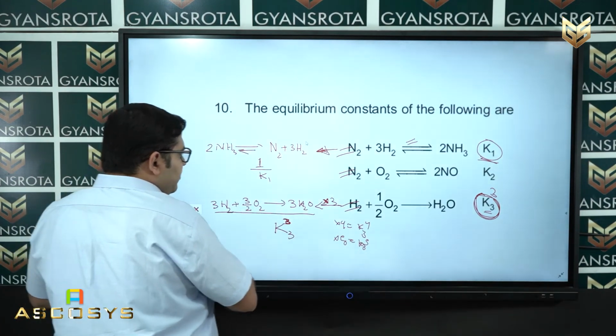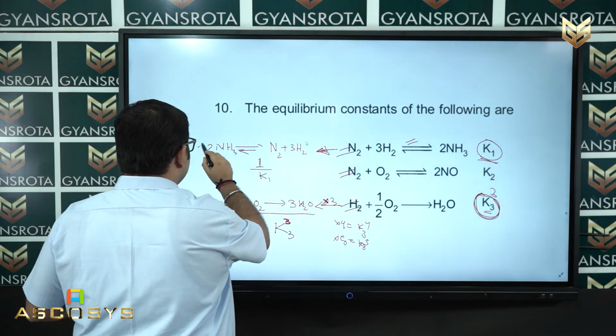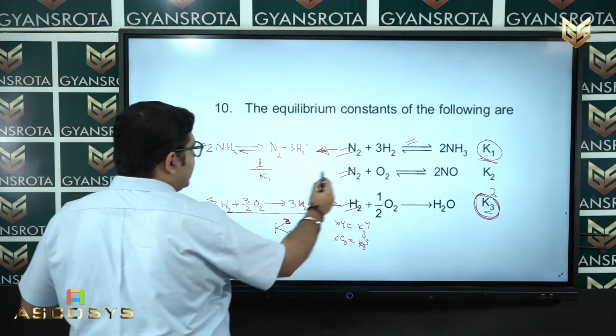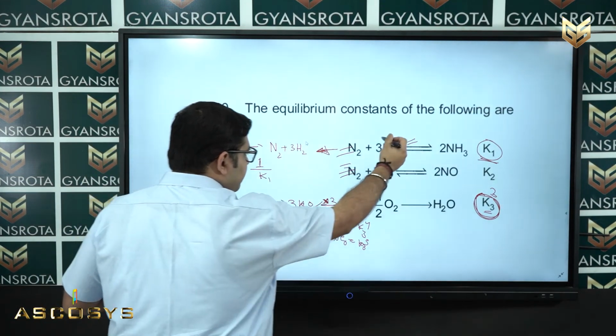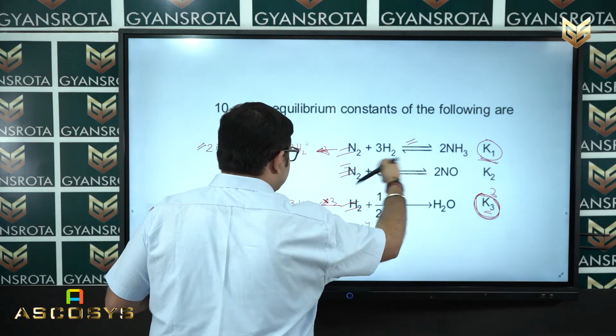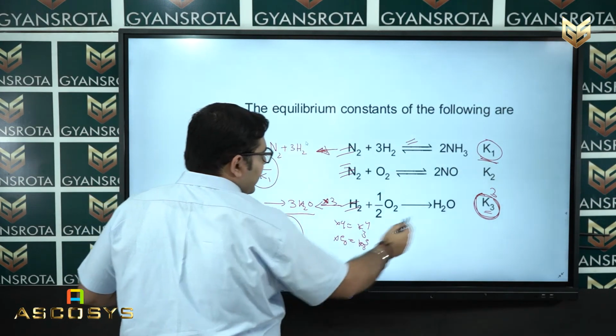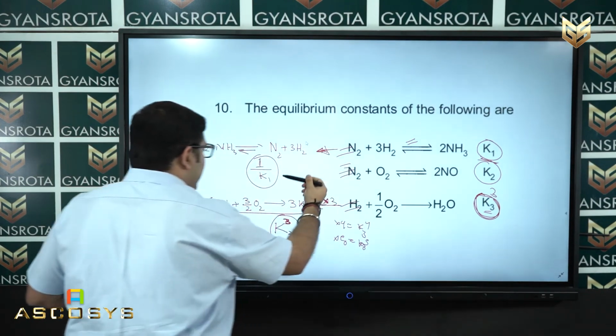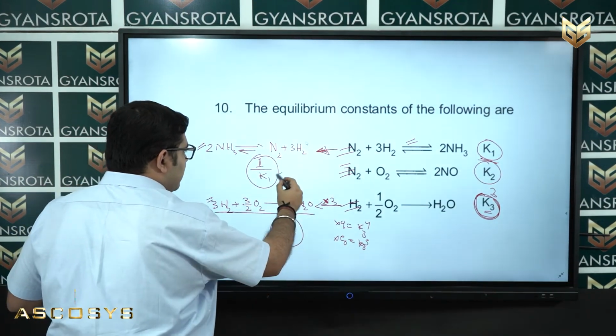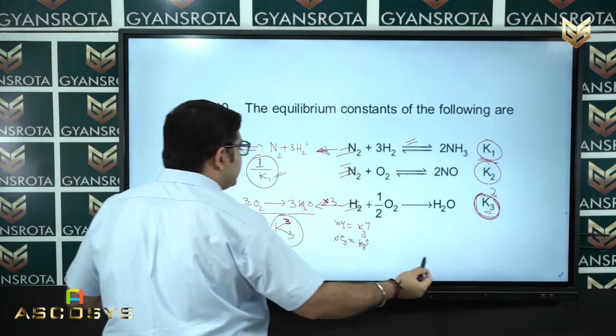So, now you have to end up with this reaction and this reaction. Now, remaining, if you see the constants 1 by K1, K3 cube and K2, when you add up those reactions, your constant values are going to be multiplied.